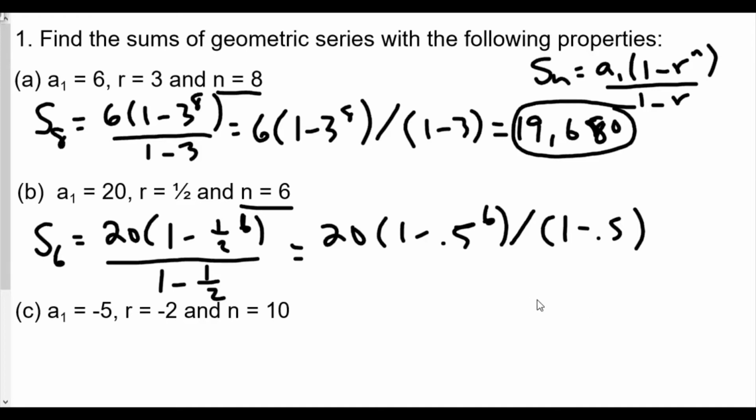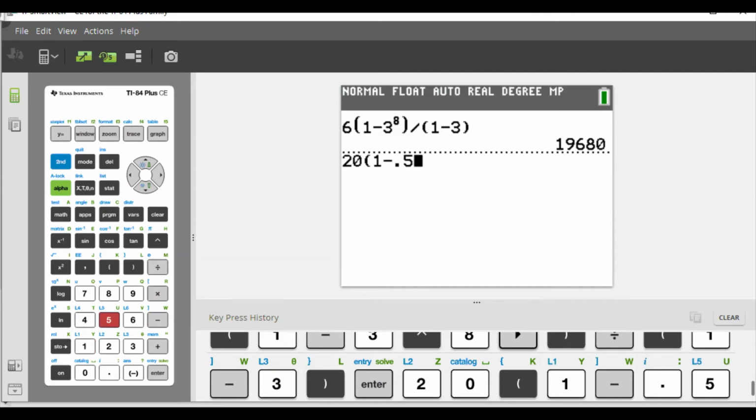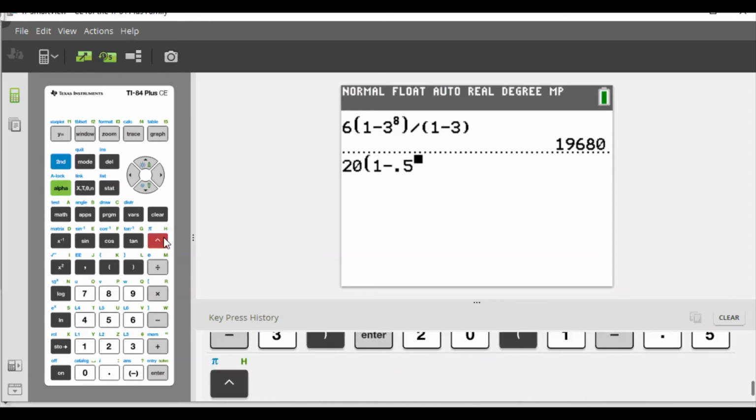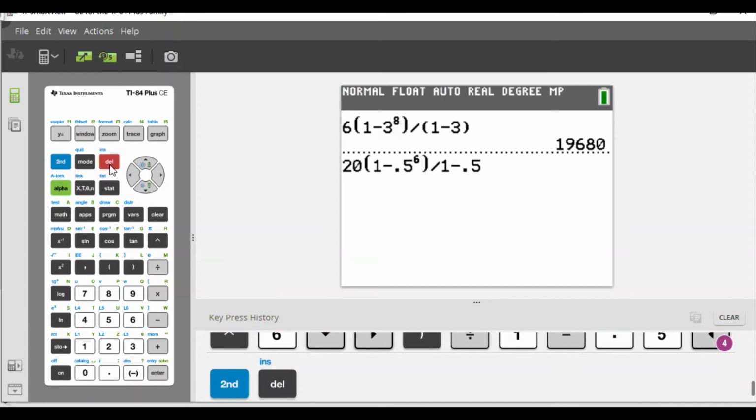So let's calculate this. 20, open parenthesis, 1 minus 0.5 raised to the 6th power, close parenthesis, and then of course we divide by 1 minus 0.5. Oops, forgot to put parentheses, so we'll insert parentheses here. It would definitely change the answer dramatically.